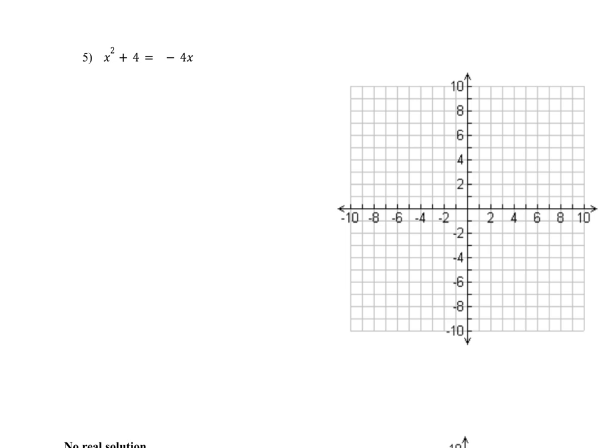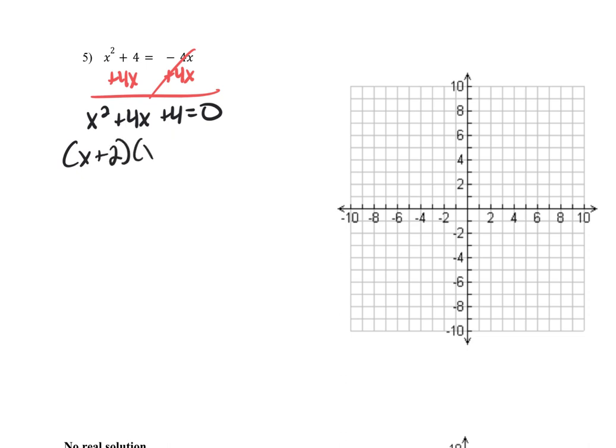This guy here, we have x squared plus 4 equals negative 4x. So again, just making sure we have them all on one side. So add 4x, x squared plus 4x plus 4 equals 0. Get it into factored form or intercept form. So we can do positive 2 and positive 2, right?